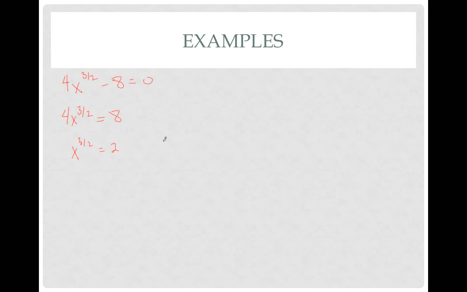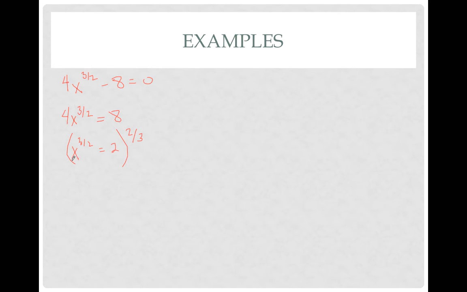Now this was the first part of the problem. It says get the variable with the exponent by itself, or get the radical piece by itself, which is technically this. This is the radical here. And I'm going to take both sides of the equation to the reciprocal of the exponent.